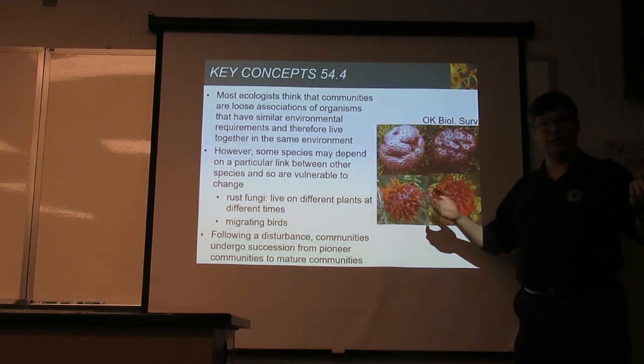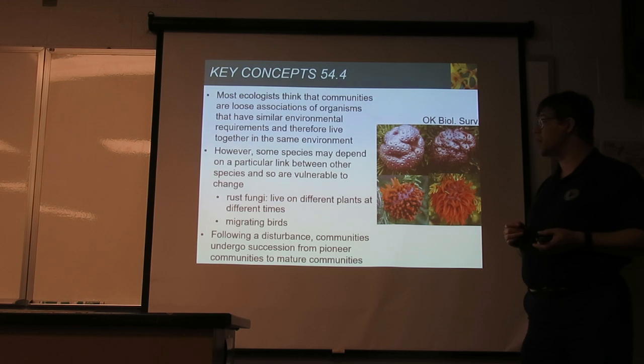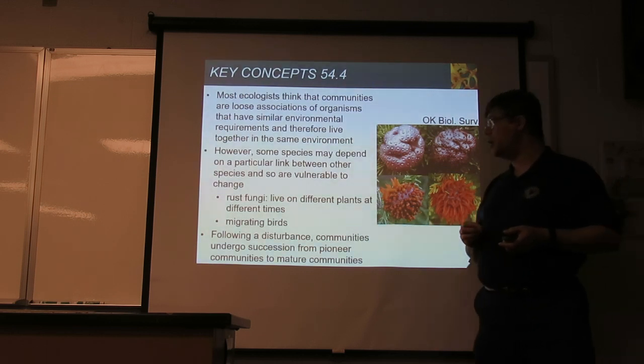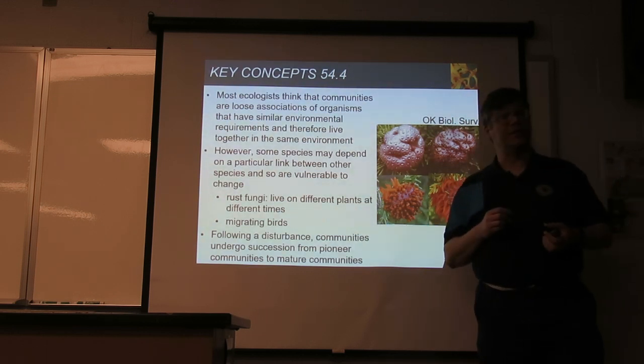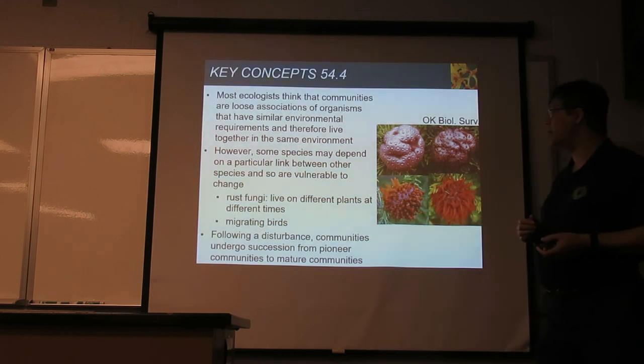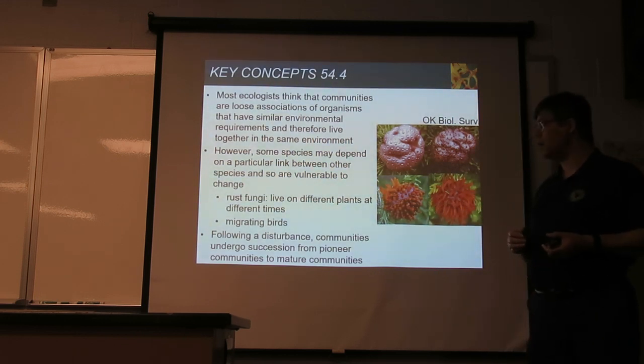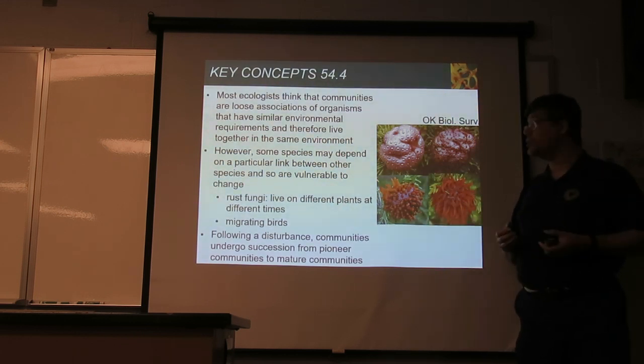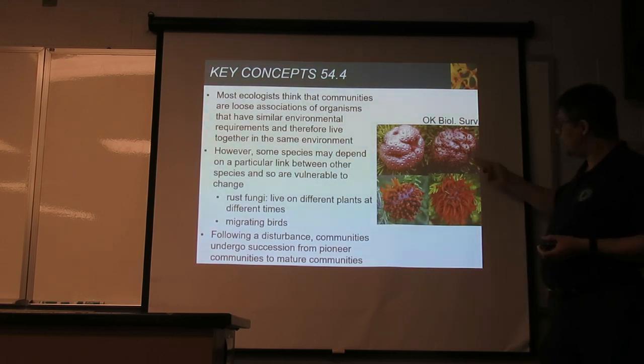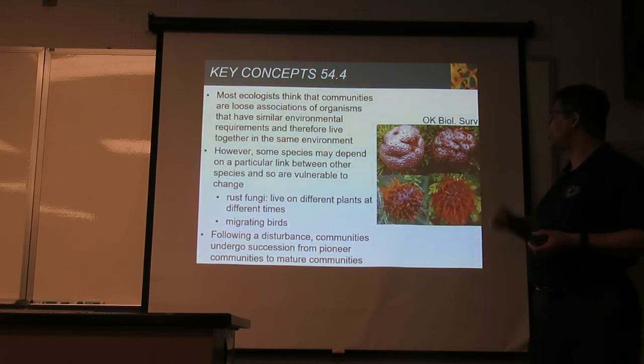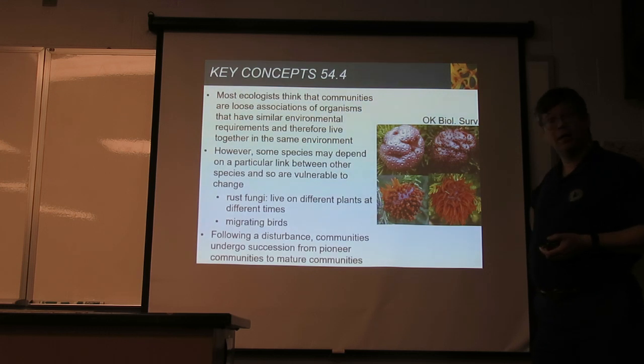And if something changes, they may be vulnerable. For example, there's a group of fungi known as rusts. And these grow on different types of plants in different stages of their life cycle. These pictures here are what's sometimes referred to as a cedar apple.